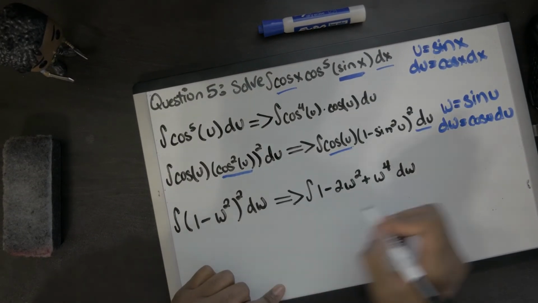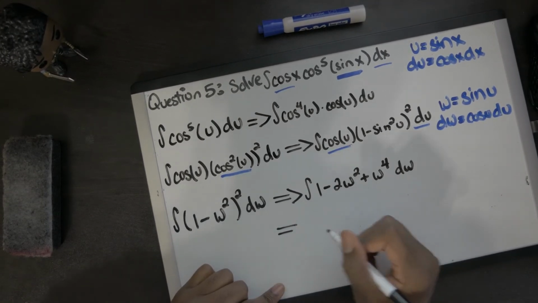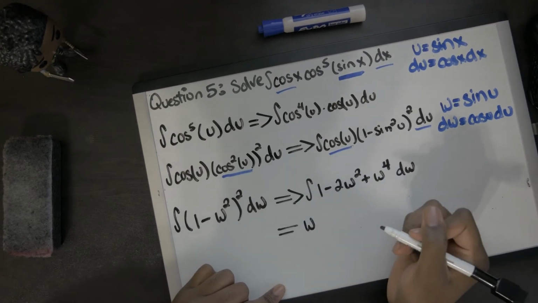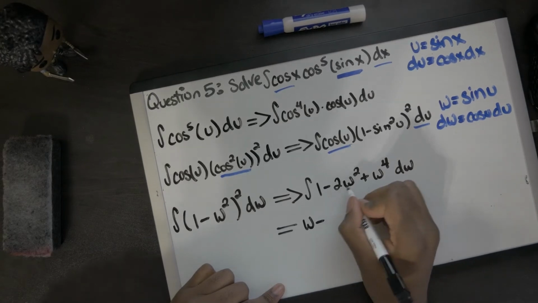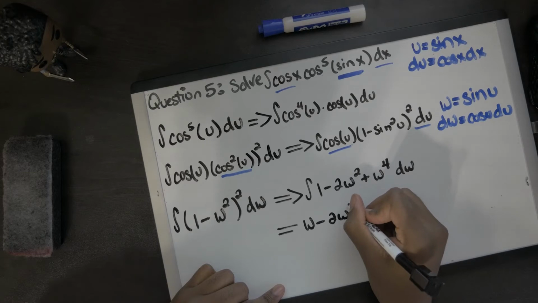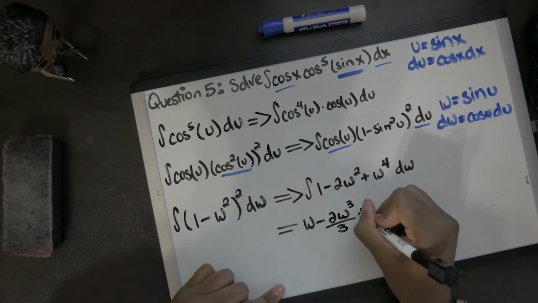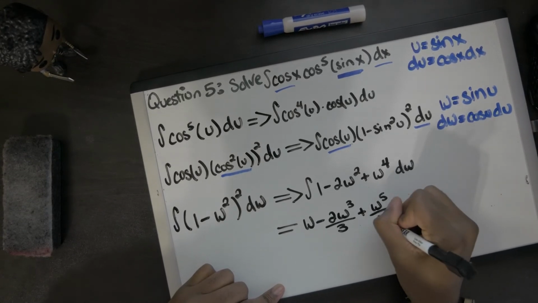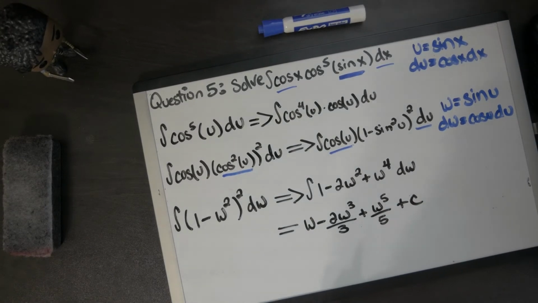So what that's going to simplify to is, this is going to conform to w because it's 1. We're going to do minus 2w to the 3rd over 3 plus w to the 5th over 5 plus a constant. We can't forget the constant.